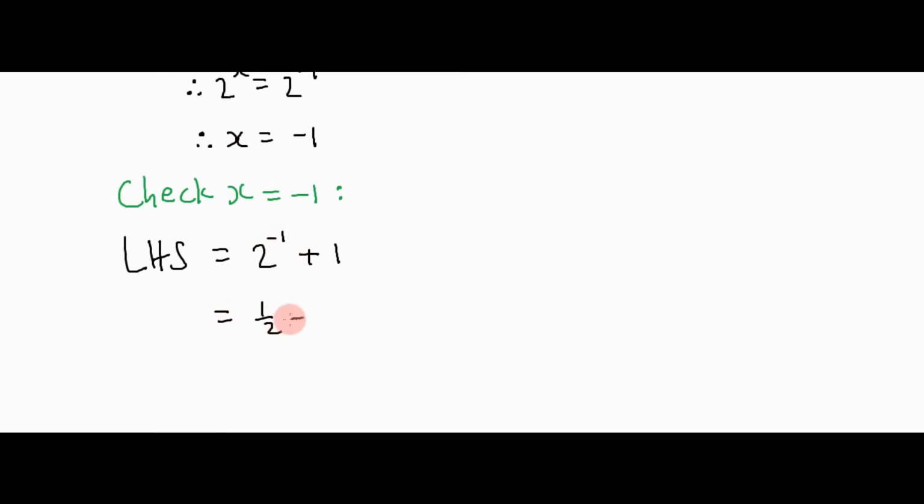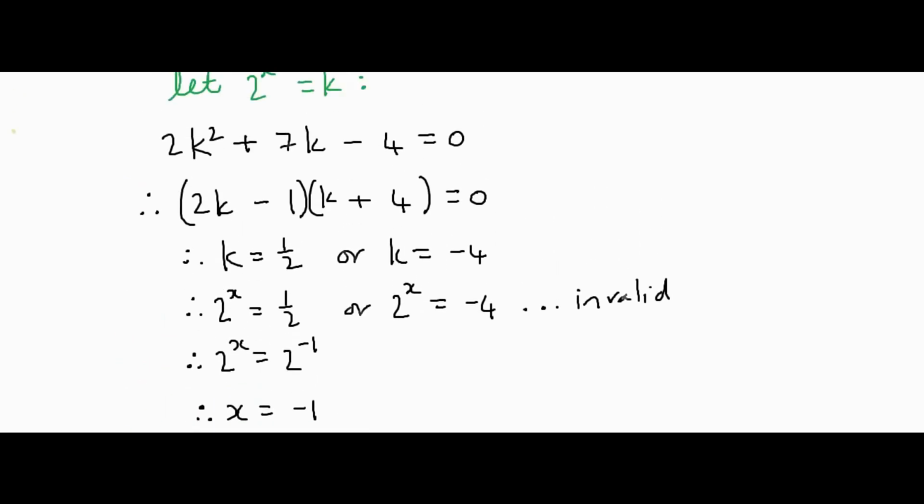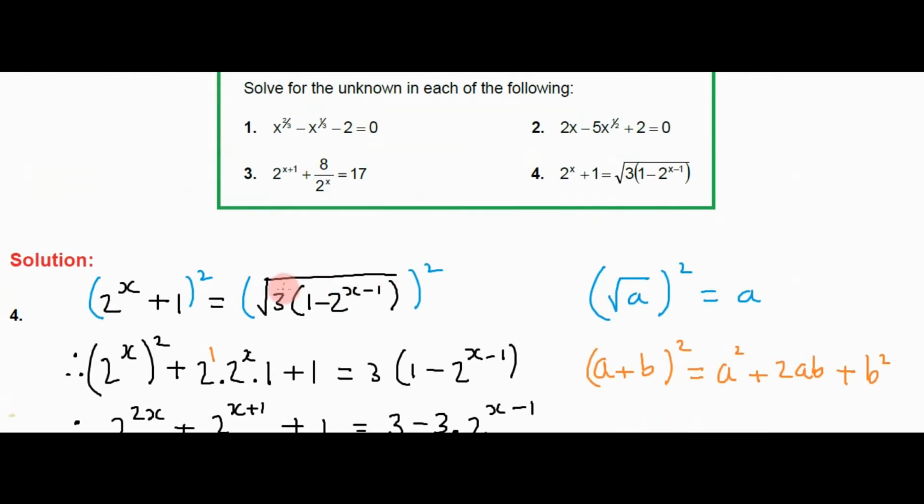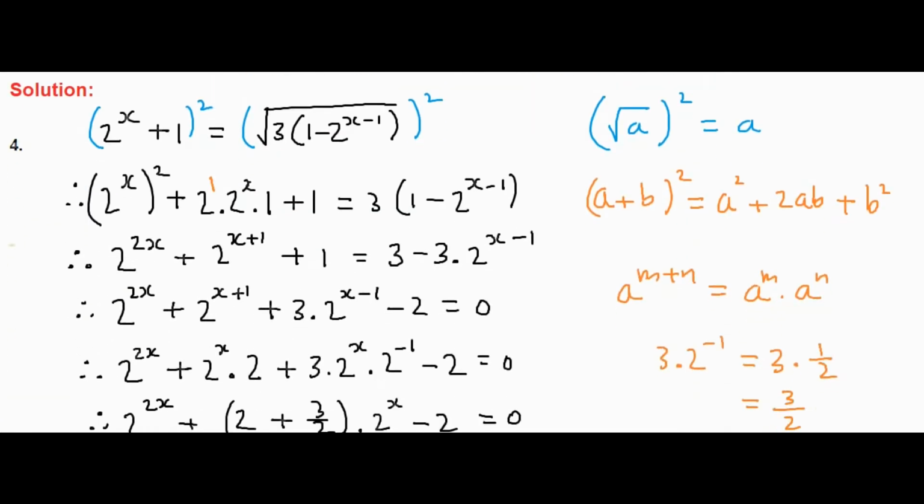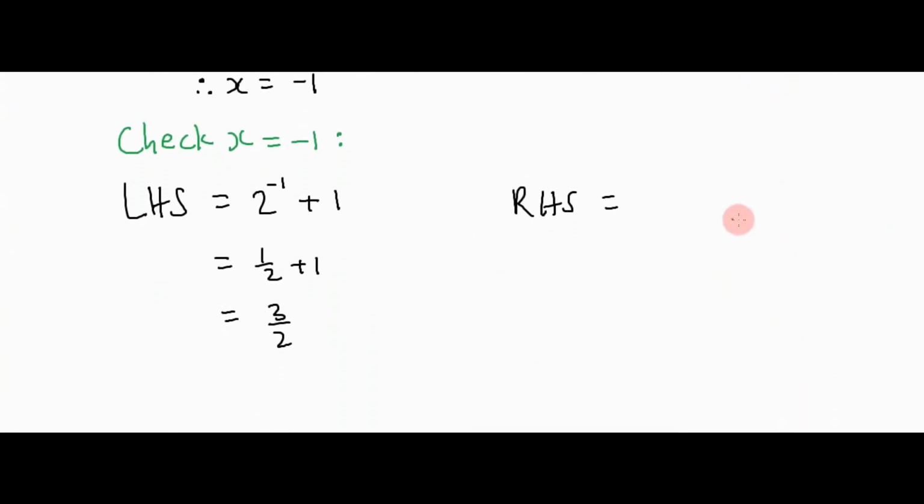This is a half plus 1, which is 3 over 2. Let's check the right-hand side. The right-hand side was the square root of 3 into 1 minus 2 to the x minus 1. So the square root of 3 into 1 minus 2 to the x, which is negative 1, minus 1.